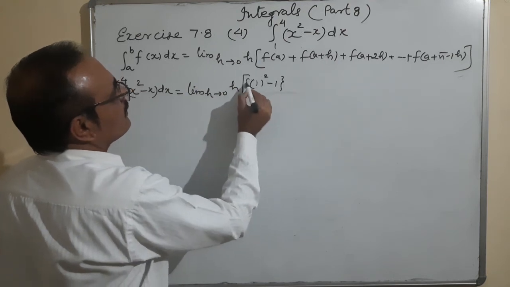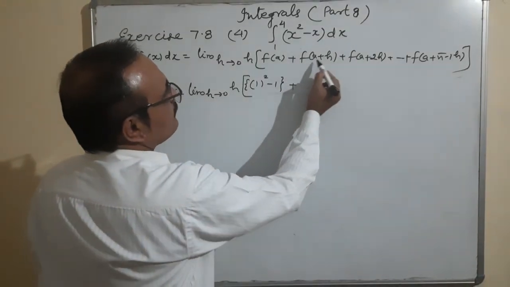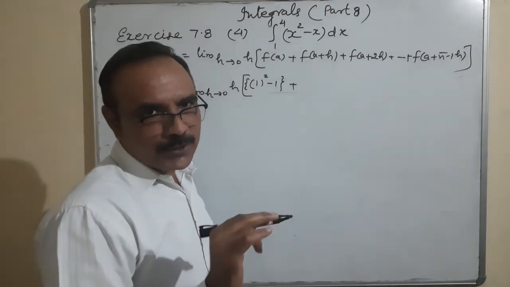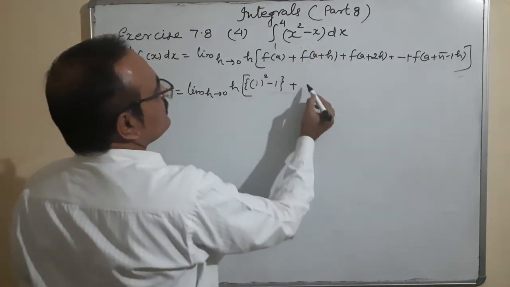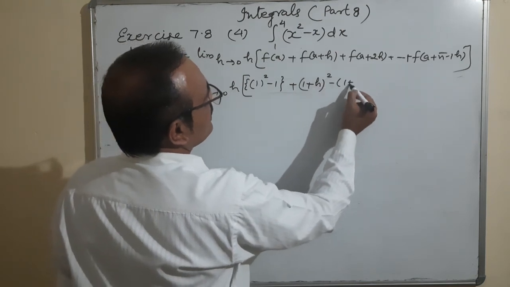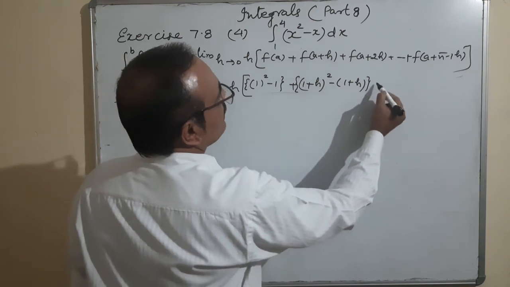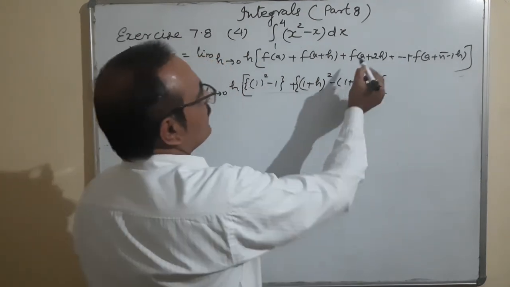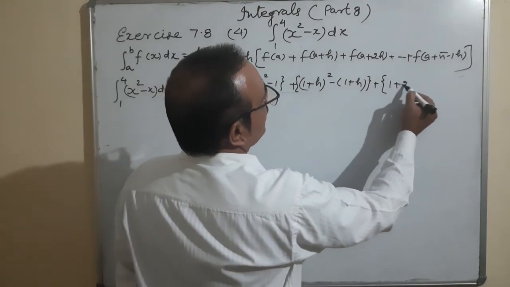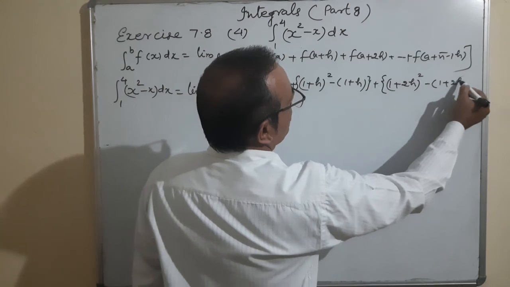Plus f of lower limit 1 plus h. Where there's an x, I am going to put 1 plus h. So it is 1 plus h whole square minus 1 plus h. Second, plus, in place of x, 1 plus 2h. 1 plus 2h whole square minus 1 plus 2h.